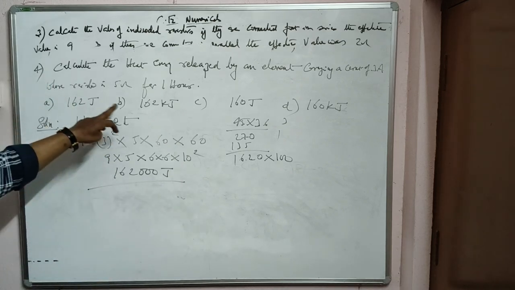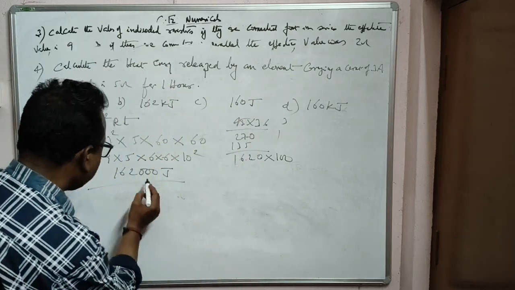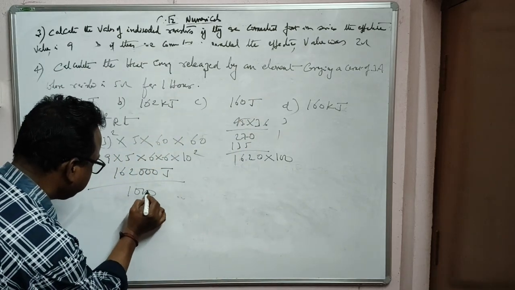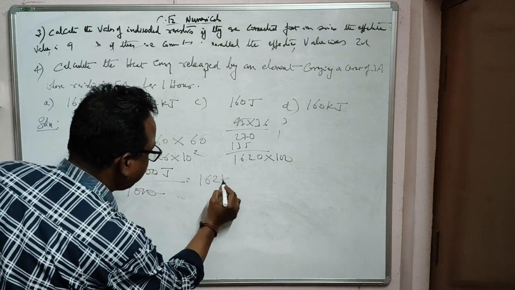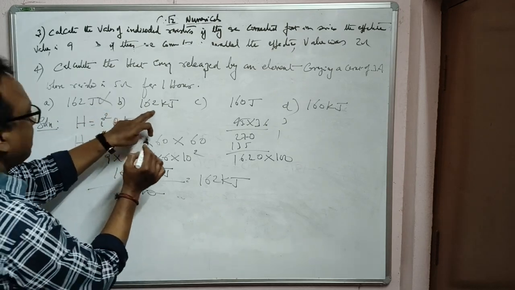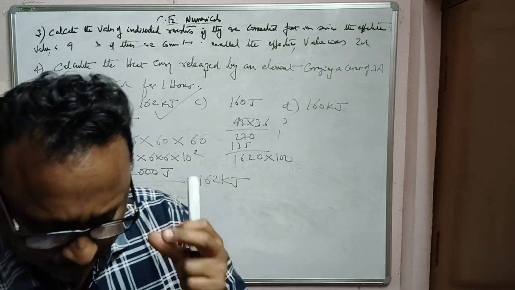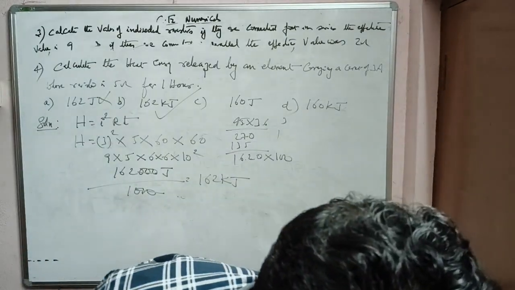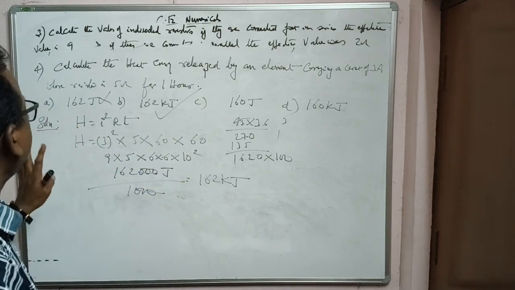But if you observe the answers, some are given in joules and some in kilojoules. So what I will do is divide by 1000. So the answer is 162 kilojoules. 162 joules is wrong. 162 kilojoules is the right answer. Please note down. This is how we have to carry on problems with the heating effect.